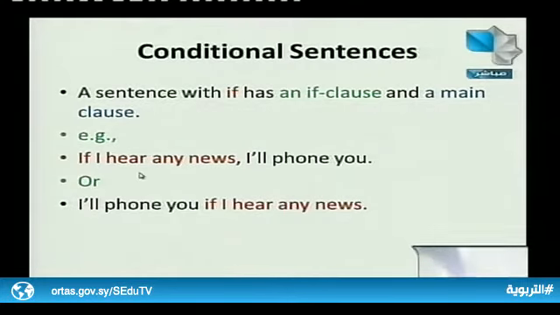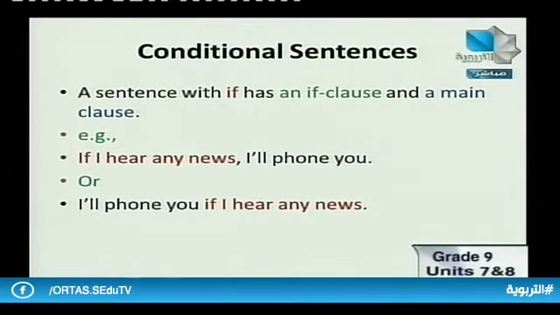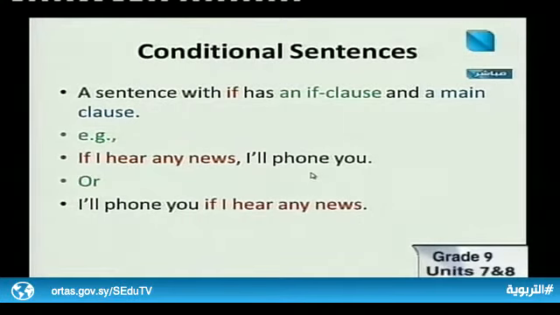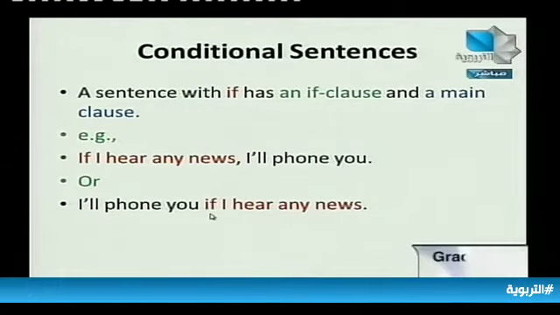So, the first clause in red, if I hear any news, is called an if clause, because it begins with if. And the second one is called the result clause, I'll phone you. This is the main form. Of course, we can start our sentence with the result clause. So here, in this case, it's not necessary to use a comma. When we start our sentence with an if clause, we have to put a comma.